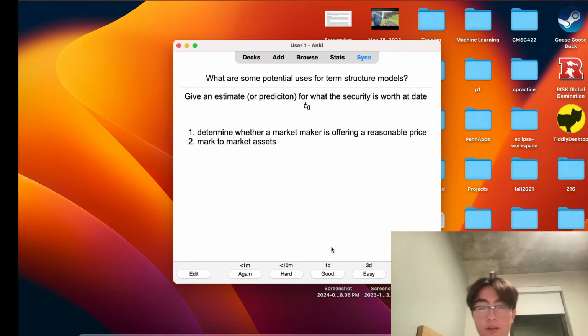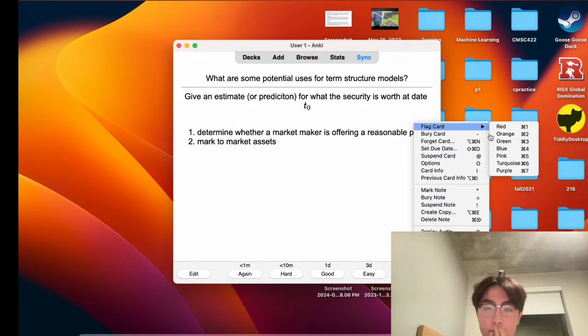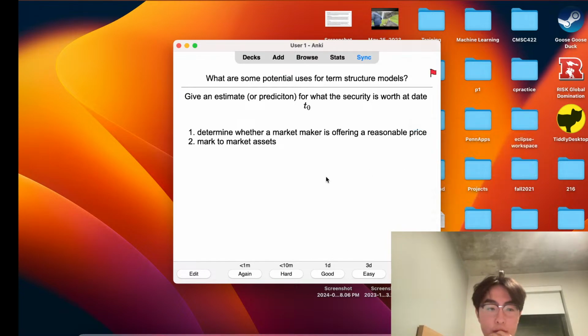Determine whether a market maker is offering a reasonable price. Mark to market assets. Yeah, I'm not too sure what. Determine what a market maker is offering, whether. Okay. So maybe does that mean that when you're looking at a market maker, whether or not they're offering a reasonable price?